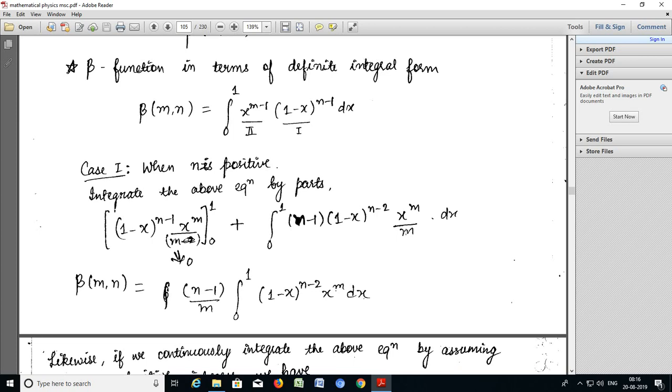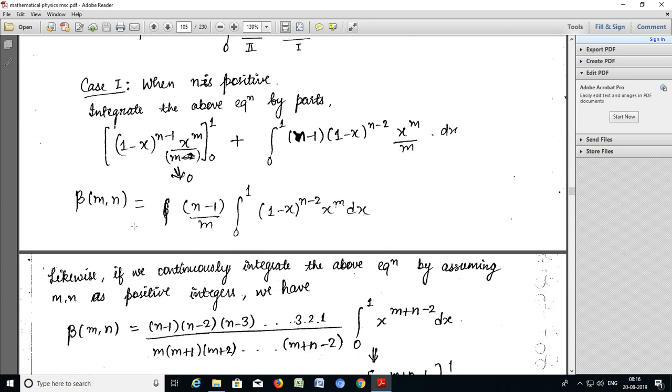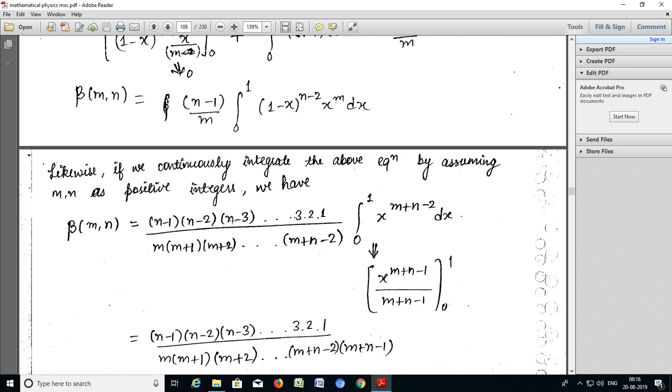The first term as it is into the integral of the second term, from 0 to 1, minus the integration from 0 to 1 of the derivative of the first term and the integral of the second term. So we can write beta m n, which is equal to n minus 1 divided by m, since this term comes out to be 0, integral 0 to 1, 1 minus x to the power n minus 2, x to the power m dx.